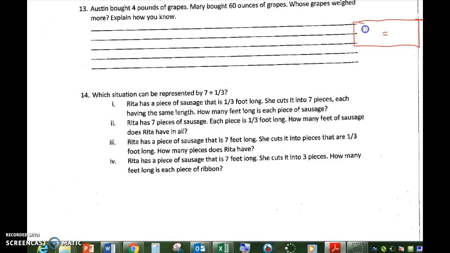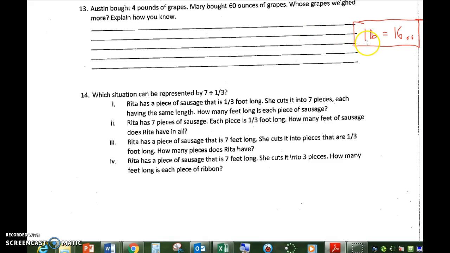It'll probably say something like 1 pound, LB is the abbreviation for pound, hope you remember that, equals 16 ounces.